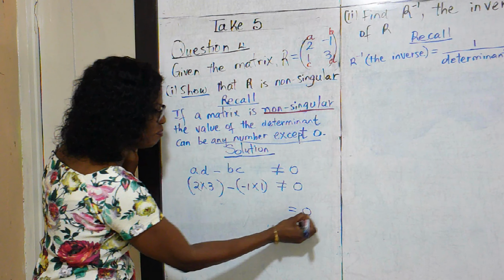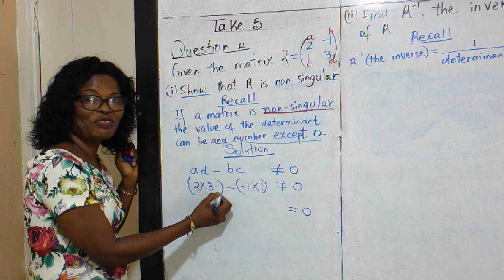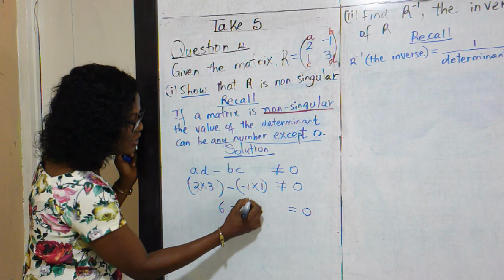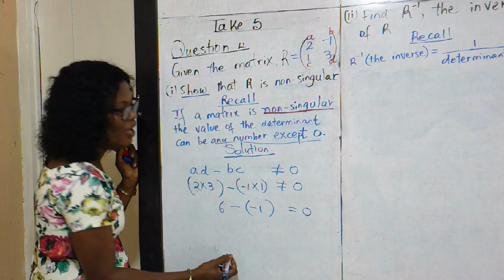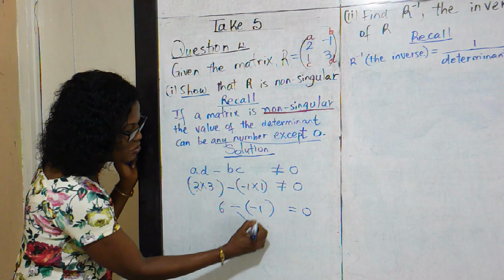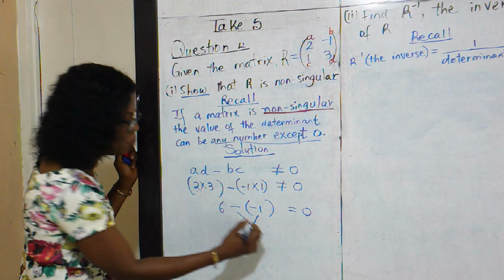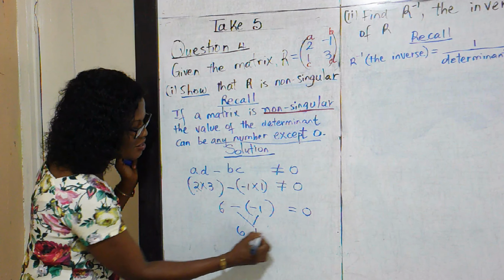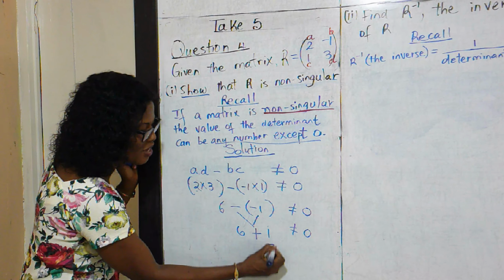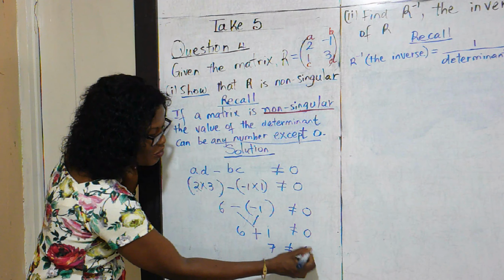Okay? So 2 times 3 is 6. Yes. Negative 1 times 1 is negative 1. And we're going to simplify this. These two signs combine to give me a plus, and 6 plus 1 is not equal to 0. 7 is not equal to 0.